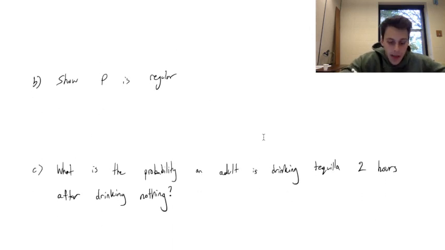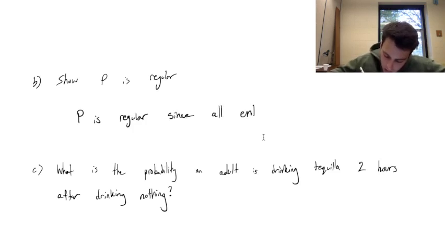So let's just write that out, okay? P is regular since all entries are positive, non-zero values.